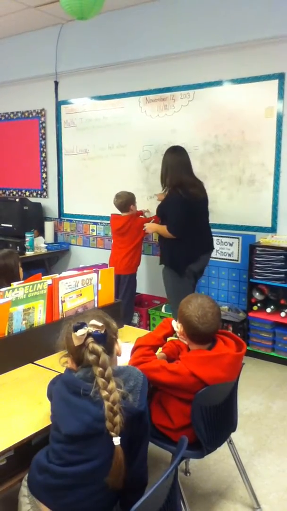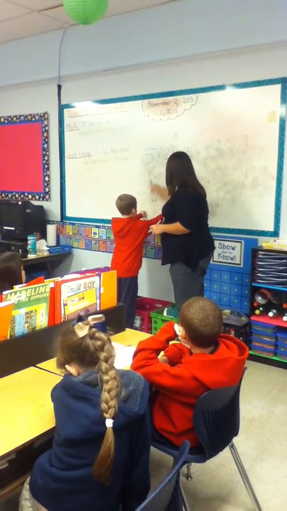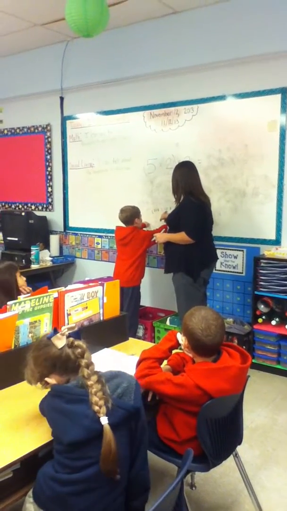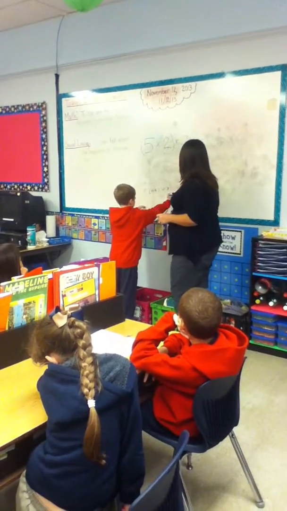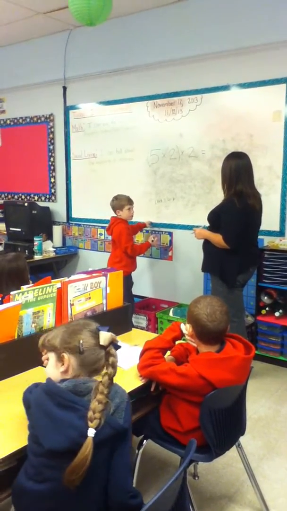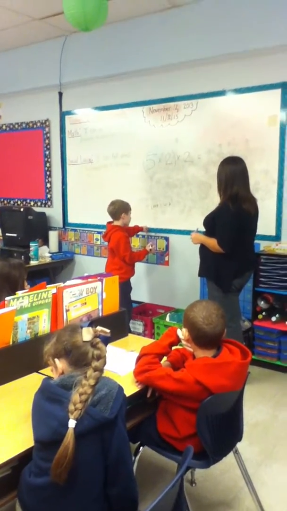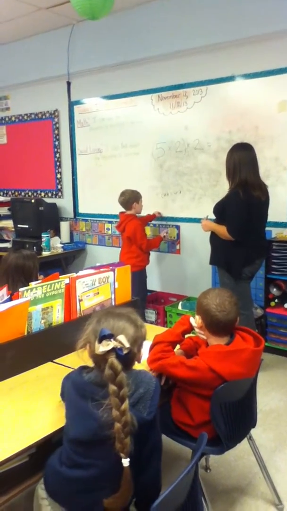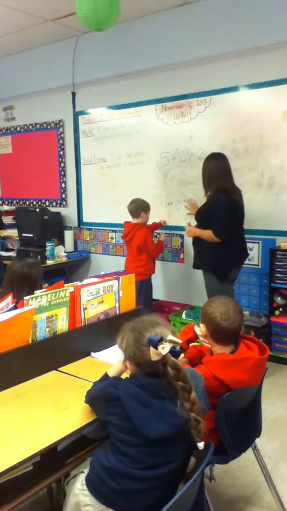Okay, so let's look at this. You broke up 5 as 3 and 3. Is that right? Does 3 and 3 equal 5? No. You had it right when you said it. What's it supposed to be? 3 and what?